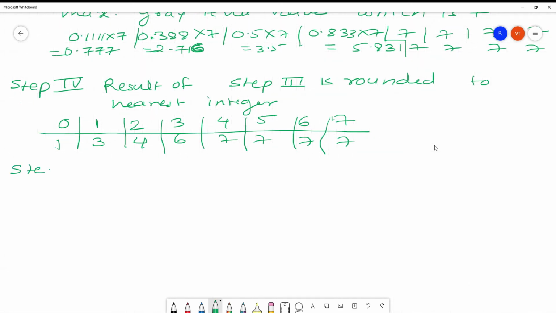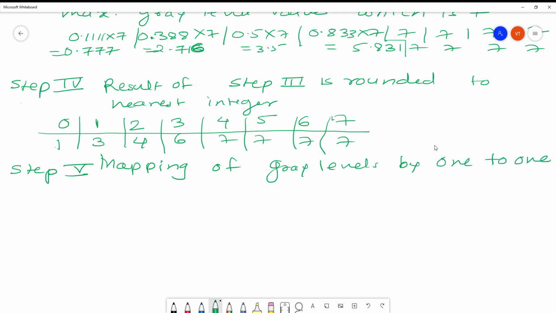In step 5, we have to map the gray levels by a one-to-one correspondence. I will show you how we are going to do this. So, mapping of gray levels by one-to-one correspondence.